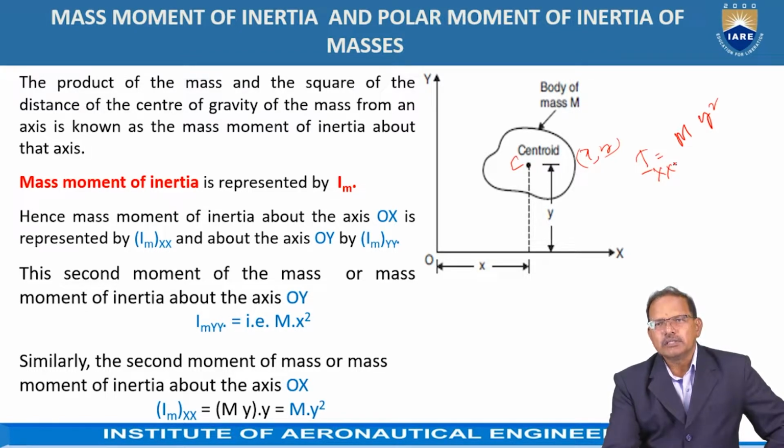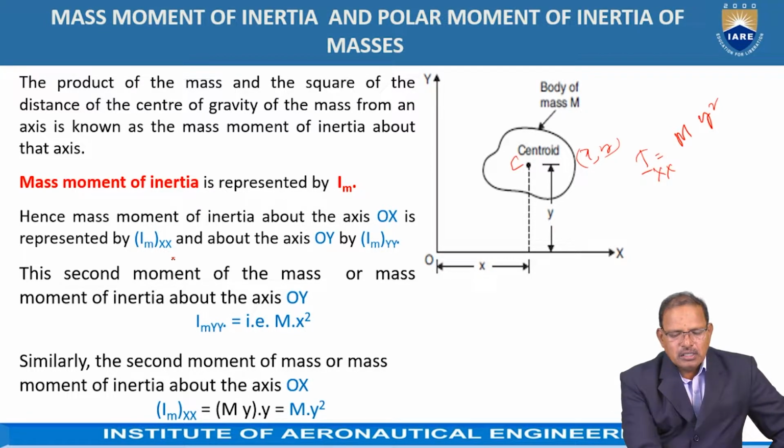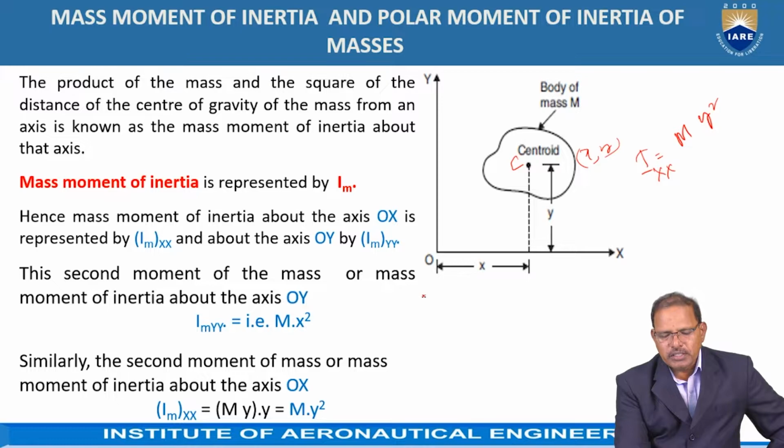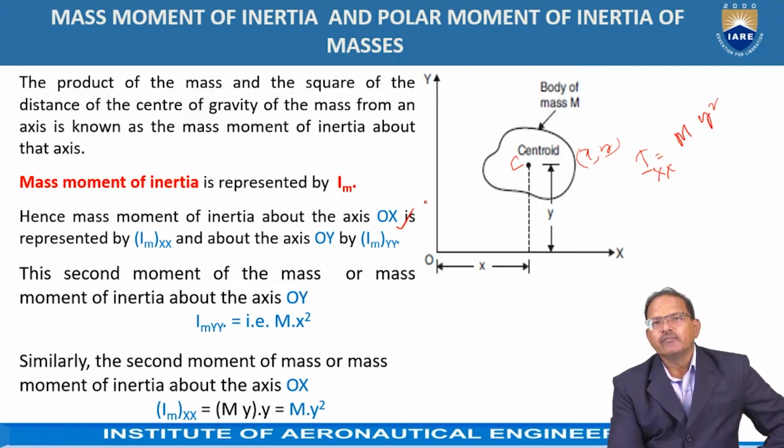The mass moment of inertia is represented by capital letter I. Sometimes it is also represented by Im. Hence, the mass moment of inertia of the body about the x-axis is represented as Imxx, and about the y-axis it is represented by Imyy, as shown in the figure. Mathematically, the mass moment of inertia is the product of mass and the square of the distance between the center of gravity of the body and the reference axis.